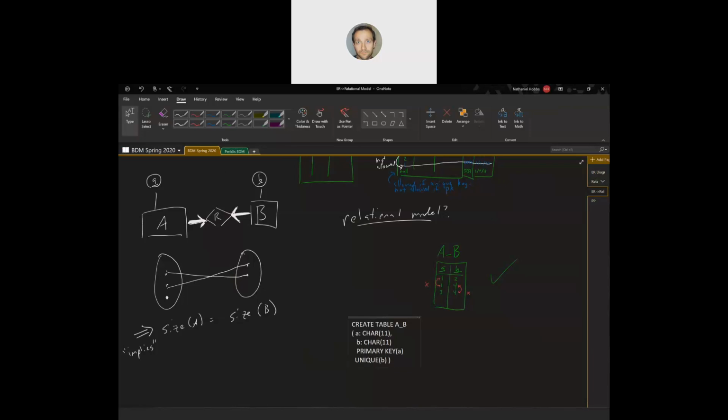Now, by default, this would allow B to have nulls because B is just unique here. So you can avoid that by adding a not null constraint here.